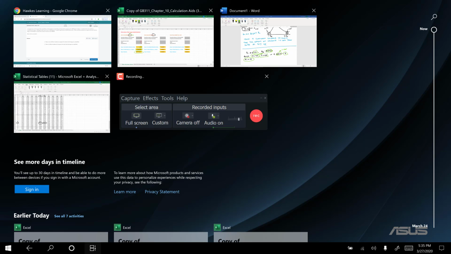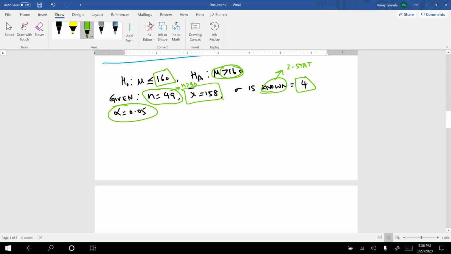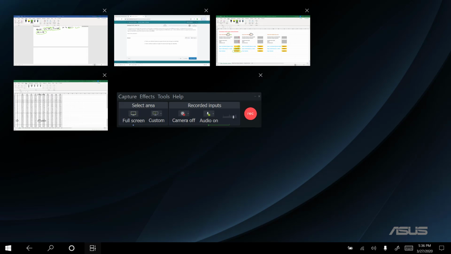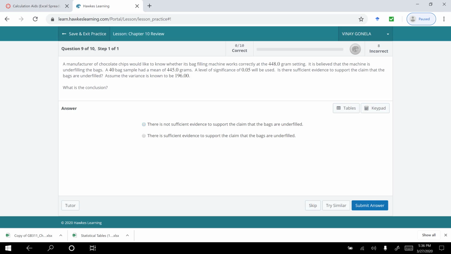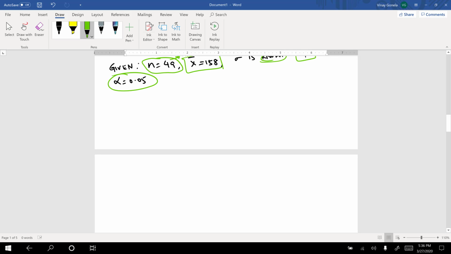So I will go to the Word document and note down all these values. So the first thing is they are saying whether the bag is being underfilled, and it should correctly fill 448. So our mean mu. So this is a Hawk's learning problem.